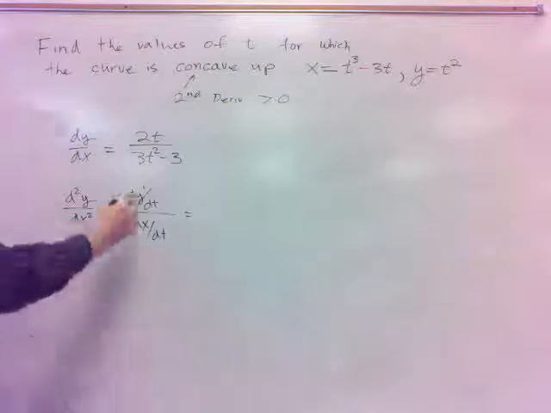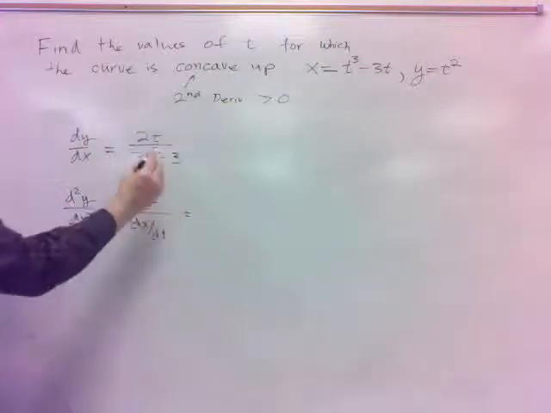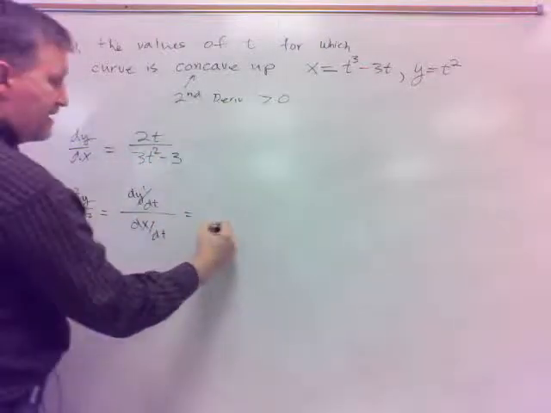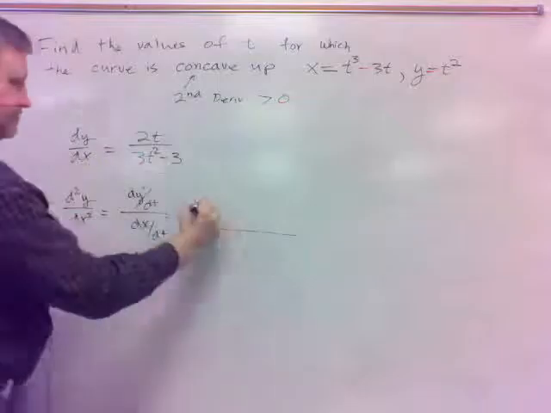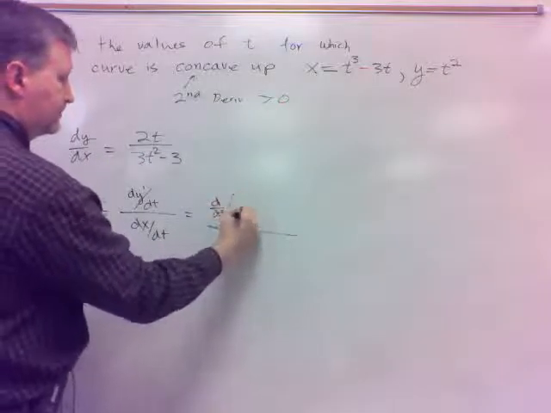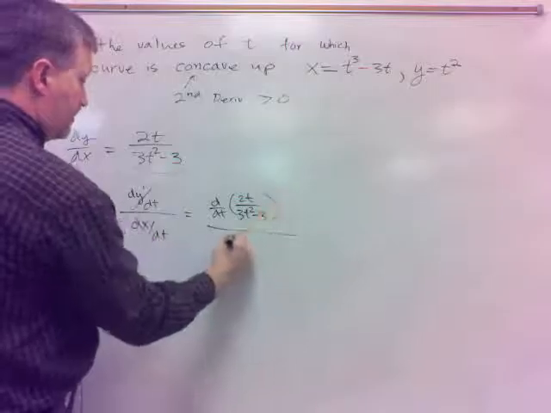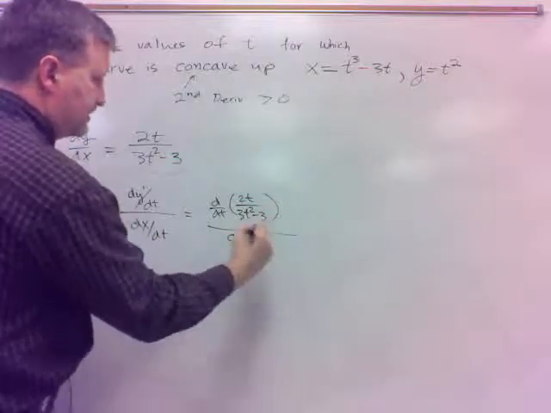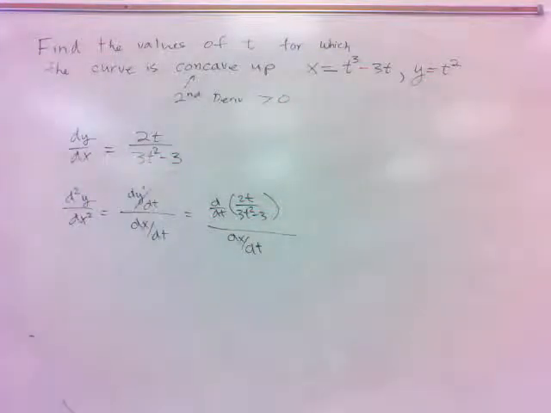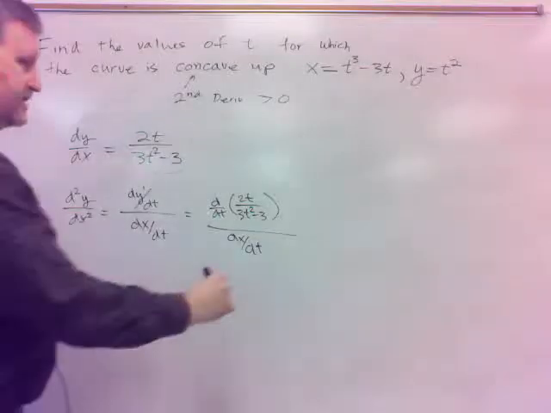In other words, this is my y prime, so I need to take the derivative of that and then divide that by dx/dt. So I need to take the derivative of my first derivative and then divide it by dx/dt again.